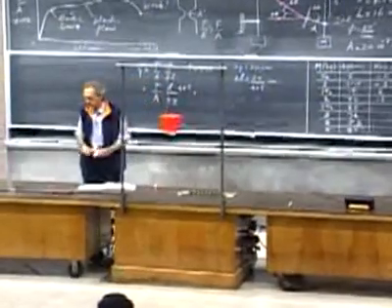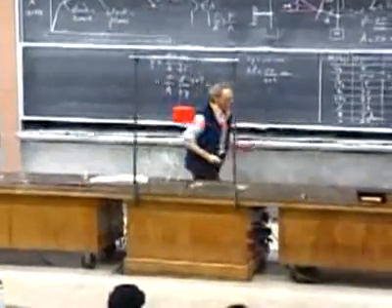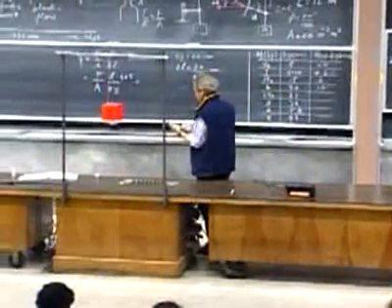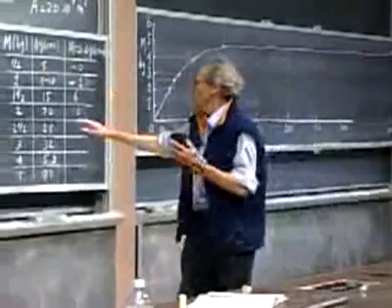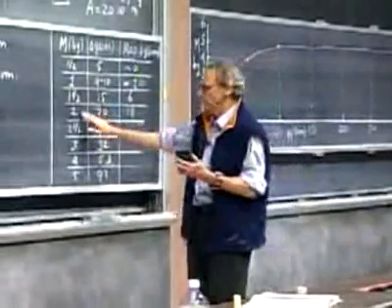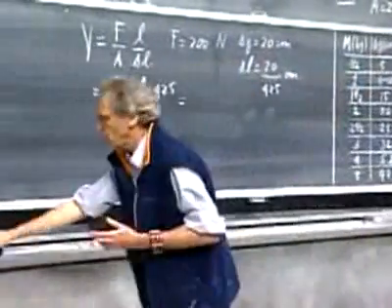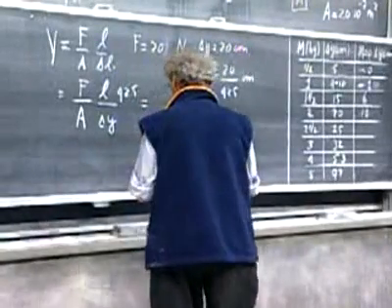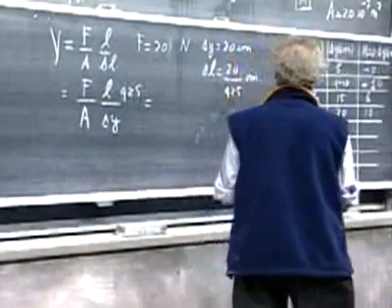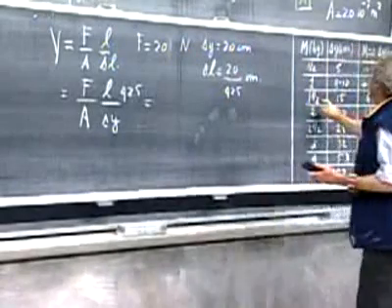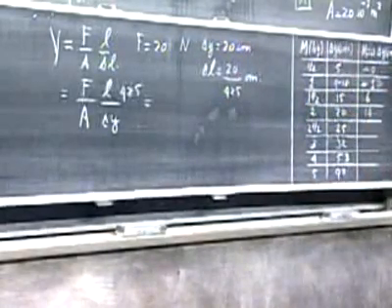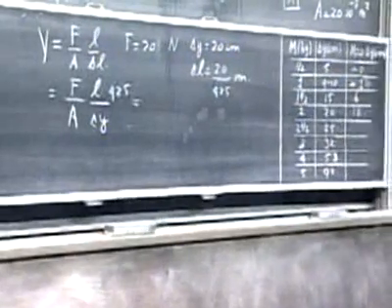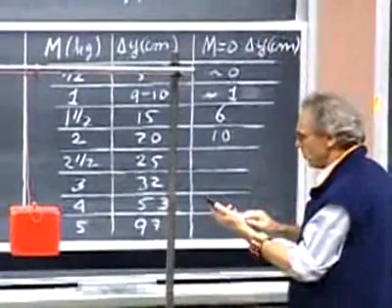And let's see what that is. So F is 200. That's right. No, F is 20. Ooh. I'm glad that we caught that simultaneously. So F is 20 newtons. That's right. The area is 2 times 10 to the minus 7, and I divide by the area. I multiply by the length, which is 0.36.